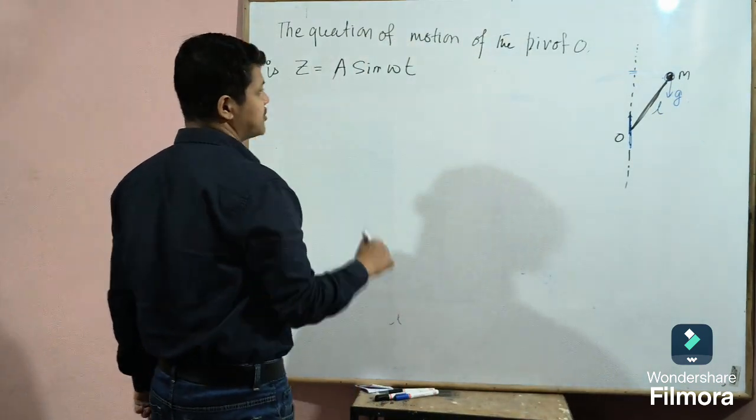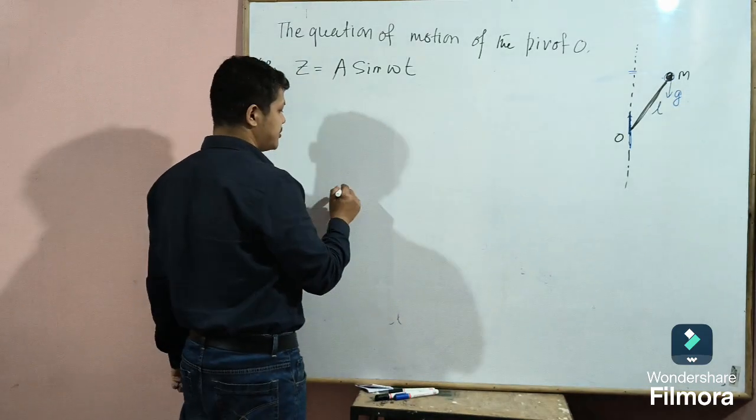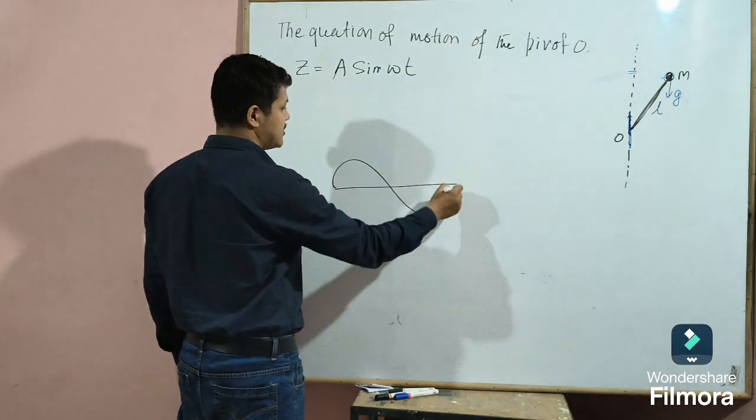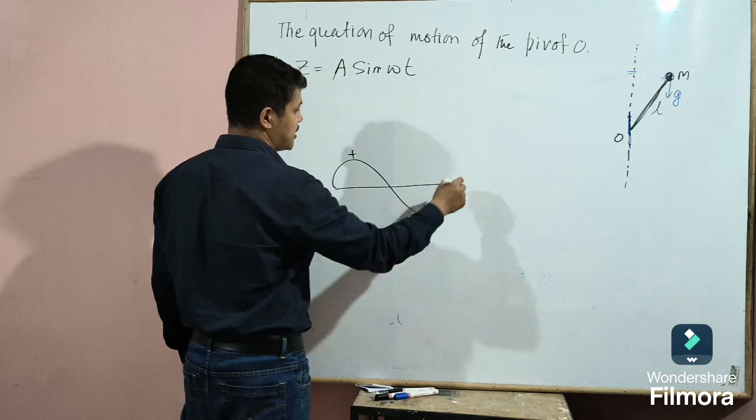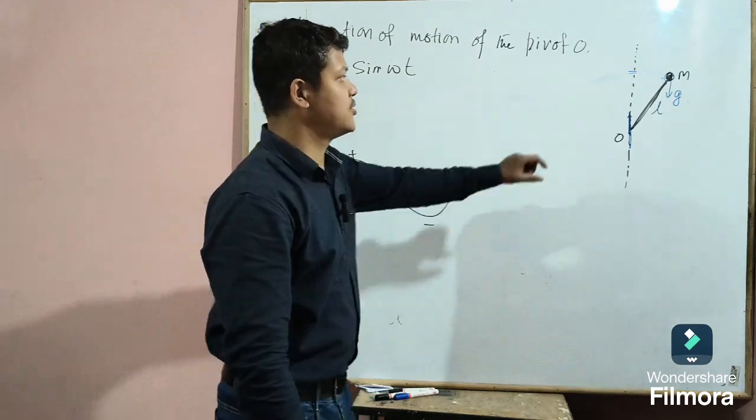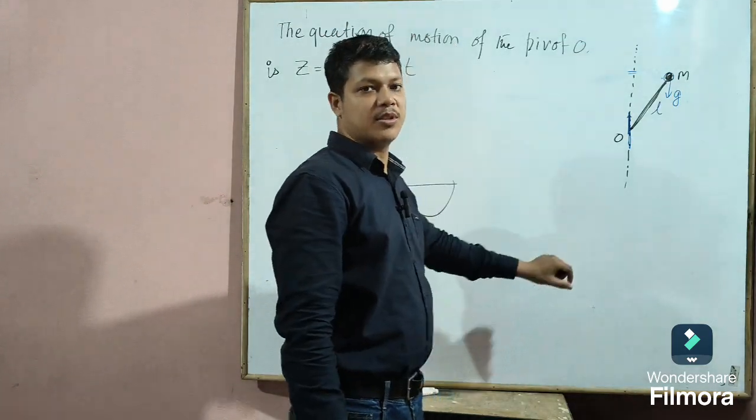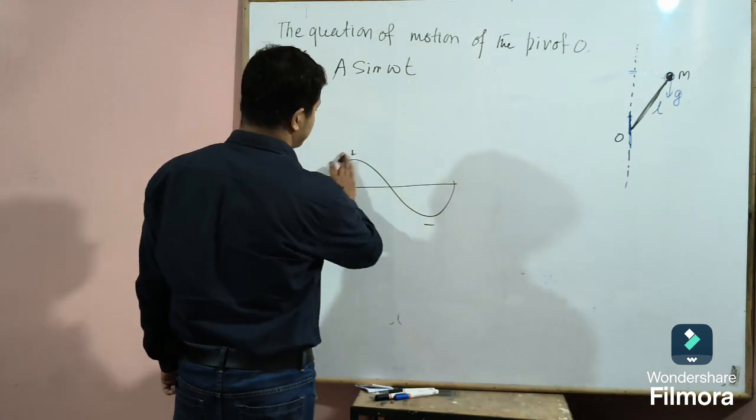Sinusoidal means the sine graph like this. This is positive, this is negative, again positive, again negative. That means it is going up and down like that, right?